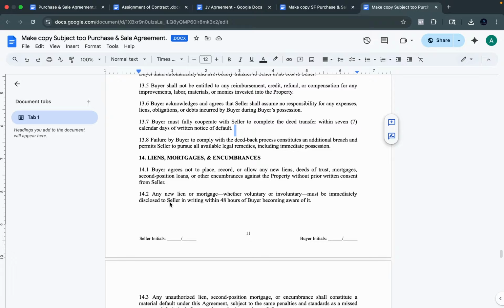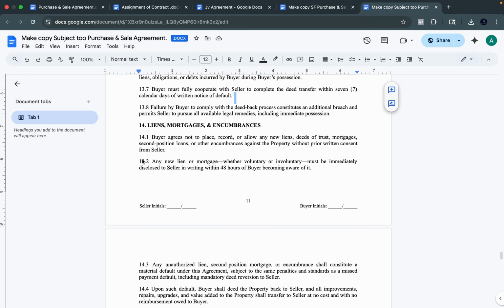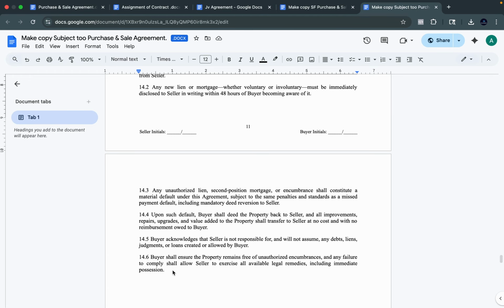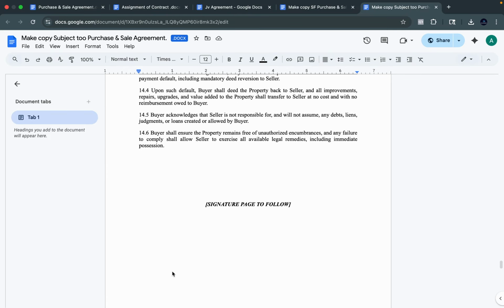In this case, this just states that they're not able to. 9 times out of 10, they're not really able to, to be honest, even if the seller's name is on the original mortgage. But this just states that they can't take out additional loans or second position mortgages that aren't authorized by the seller or under the seller's name, where the seller has no idea what's going on, right? Kind of just putting them in a bigger hole.